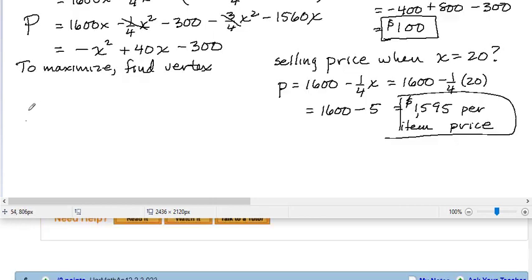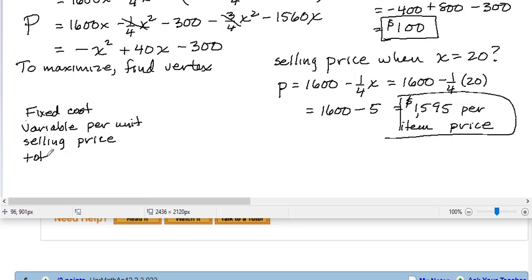Okay, things just got really serious. In this single problem, we had fixed costs, we had variable per unit cost, we had a selling price. That's what they gave us to start off with. We built a total cost function. We built a revenue function. We built a profit function, and then we maximized the revenue, we maximized the profit. 1, 2, 3, 4, 5, 6, and then number of units was 7.